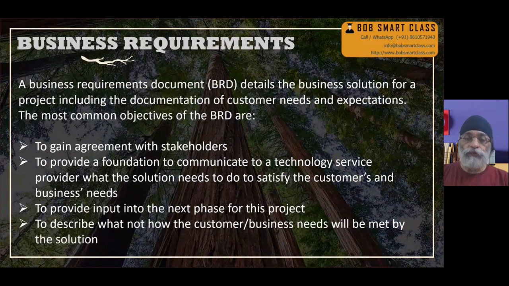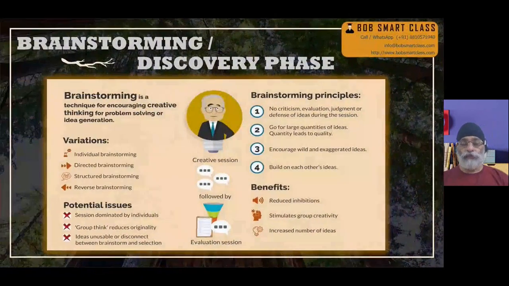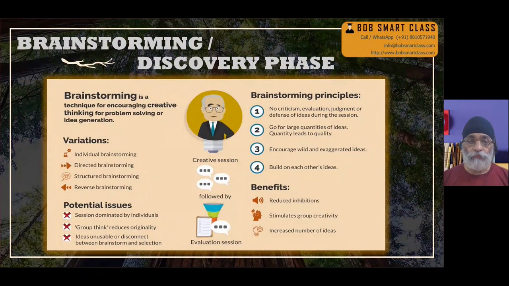We have to get business requirement document from the client to start a project. In this documentation, client describes his needs and describe what he really needs from the application, web application or the mobile app which has to be developed. After getting the business requirement document, we undergo a brainstorming or discovery phase.